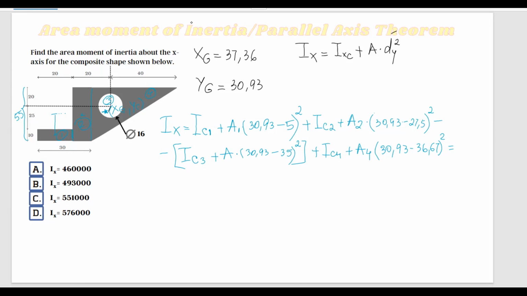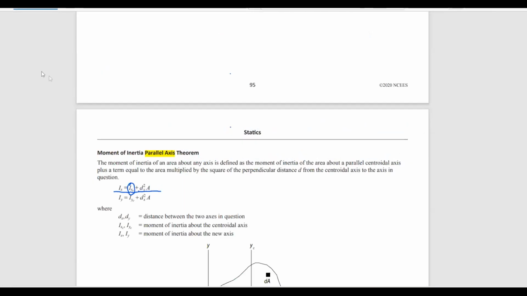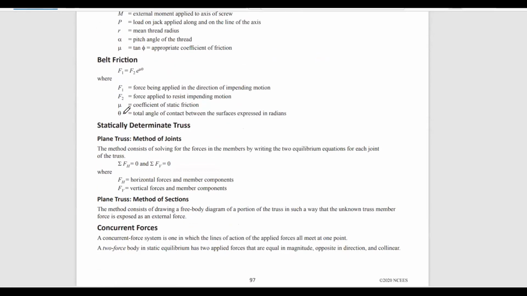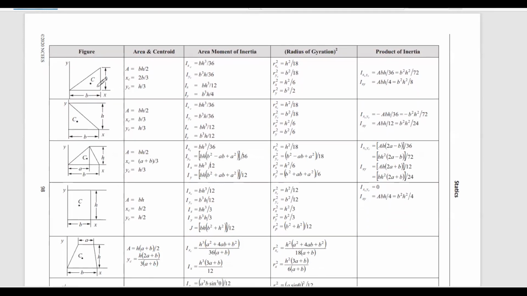All we have to do is substitute, which we're going to do here. And this equals, so I'm going to start with IC1, which is the moment of inertia of this rectangle. And for the moment of inertia of a rectangle, you don't have to memorize anything. At the end of statics, you are given the formulas for moment of inertia for various shapes.